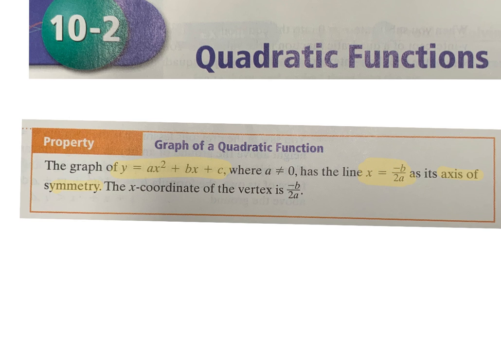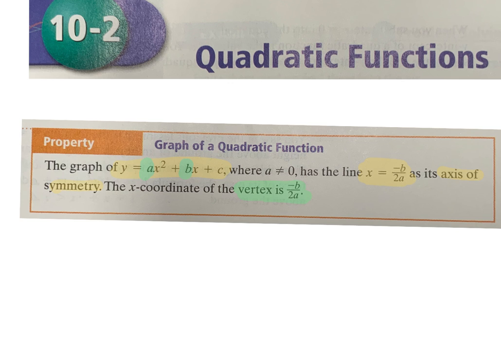So if I take the b, the number in front of the x, and change the sign, and put it over 2 times the number in front of the x squared, I can find out where my axis of symmetry is. All right, so that is where I'm going to reflect. What you'll also notice is that it's going to tell you where the vertex is going to be. If you take that number and plug it back in, you will get the vertex.